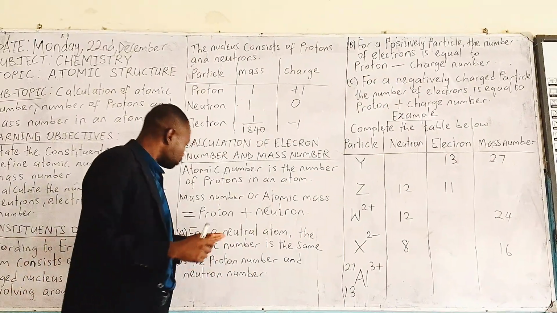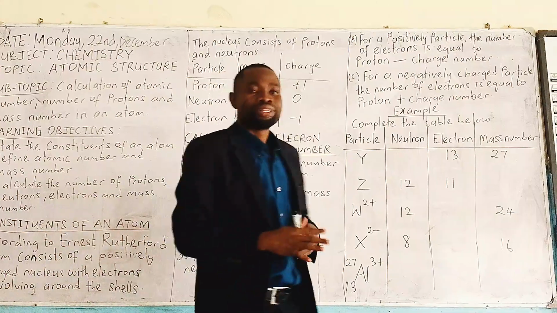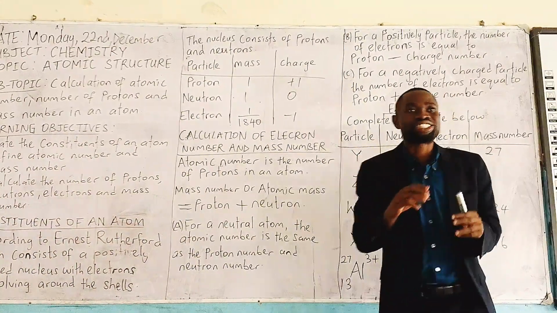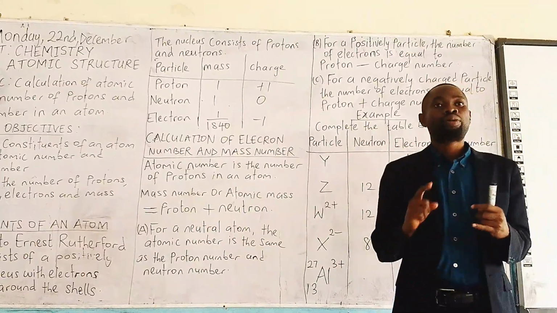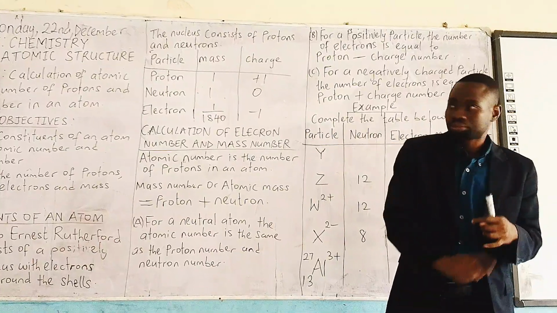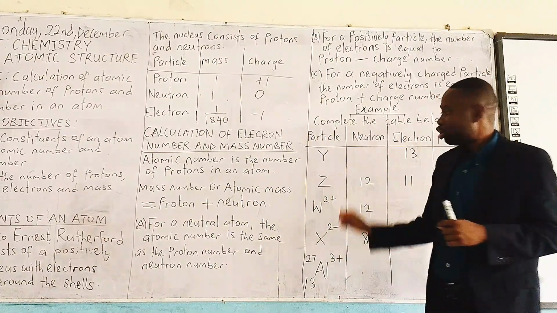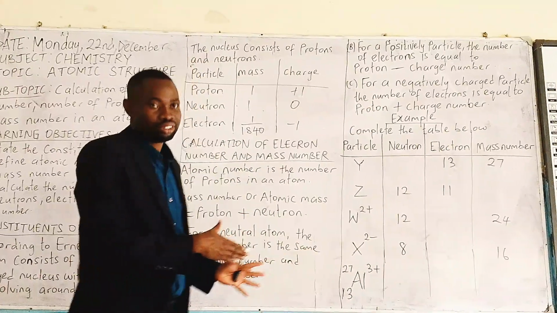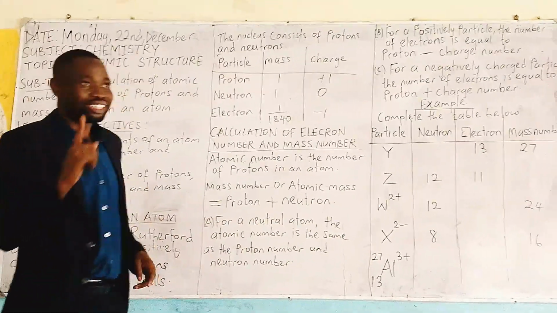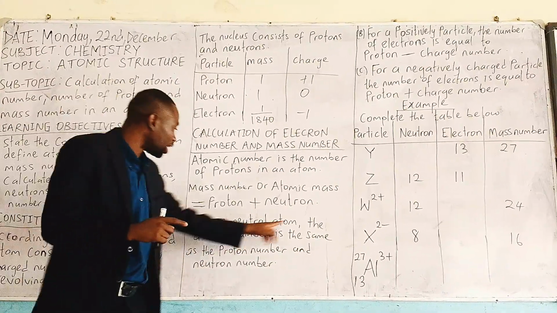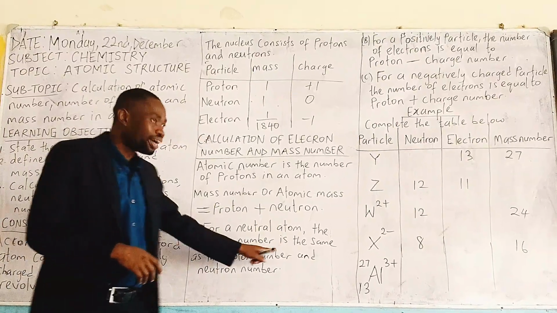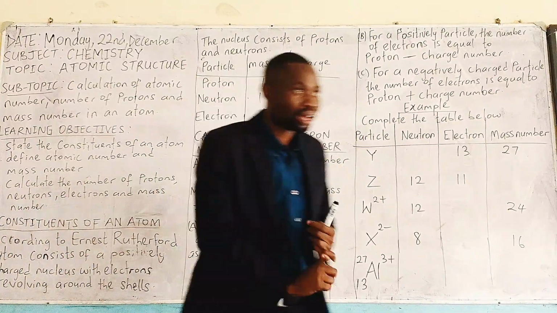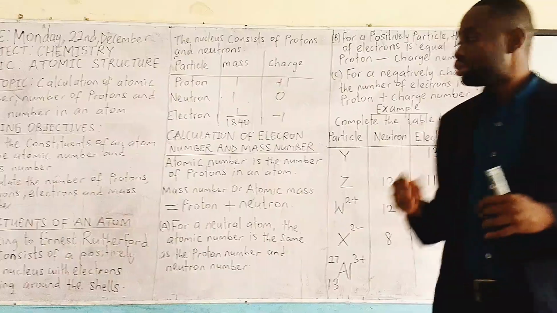For every neutral atom, the number of electrons is always the same as the number of protons and also as the atomic number of that element. So please don't forget that, it's very important. For every neutral atom, the atomic number is the same as the proton number and the electron number.